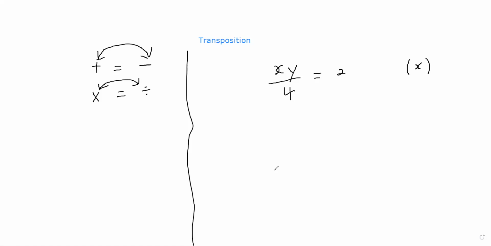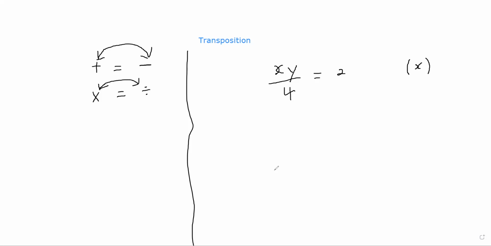So if there's a fraction, in this case it's a fraction because something is dividing, and you want to make the numerator the subject, we take over the denominator. Always get rid of the denominator first.